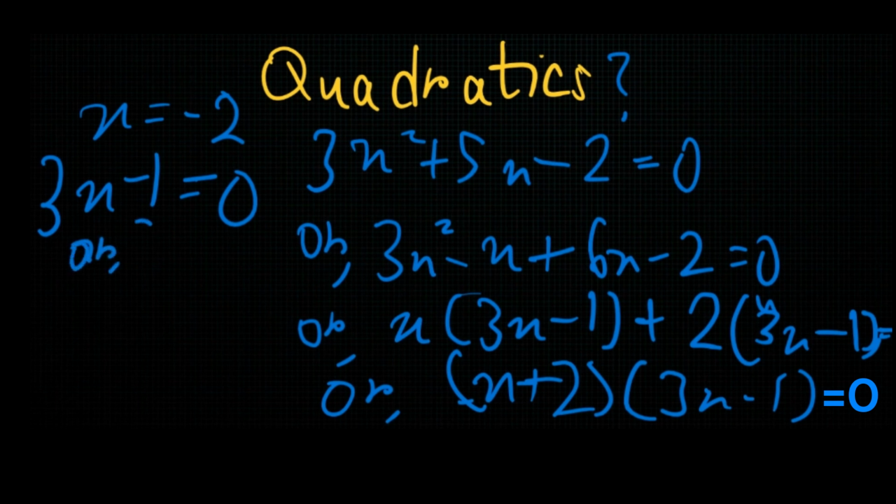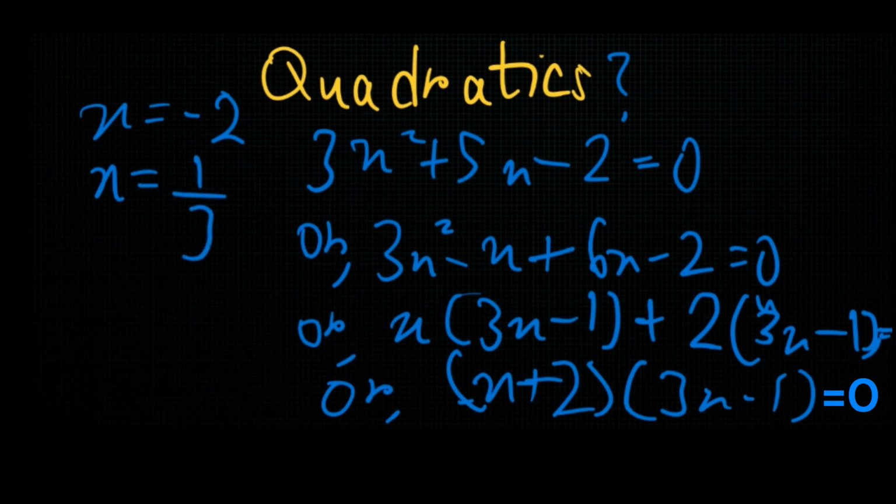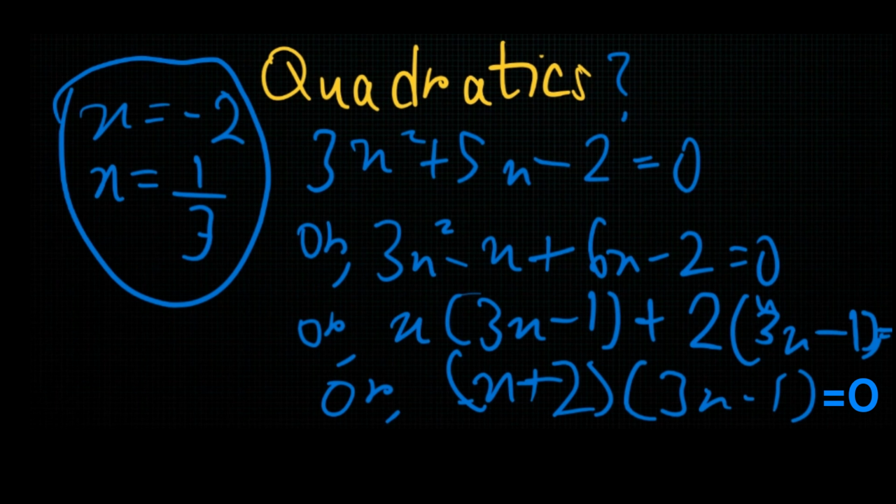Like this, 3x equals 1, or x equals 1 divided by 3. Therefore, our answer will be negative 2 and positive 1 by 3. So this is our answer for this equation.